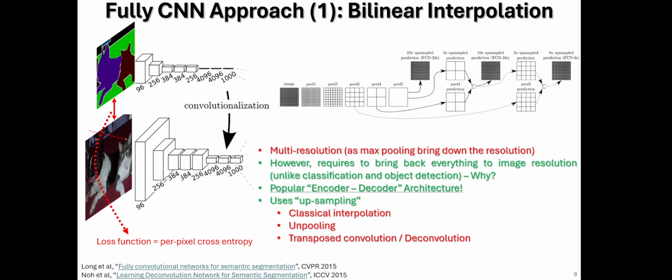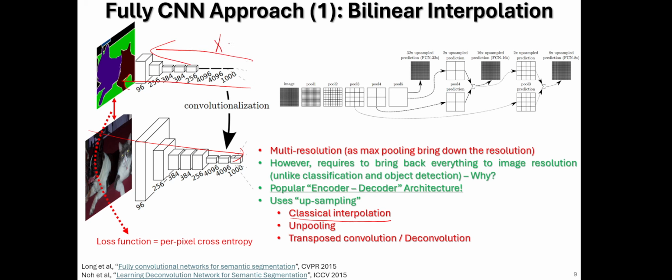The idea is you need to have an encoder, which is the classical side we discussed a lot, but we need to have a decoder which reverses this. If the encoder is all about convolution followed by ReLU followed by downsampling using max pooling, the decoder part is all about upsampling. And there are 3 ways to do the upsampling. One is the classical interpolation, which was proposed first. There is no learning in this part, that is the important aspect.